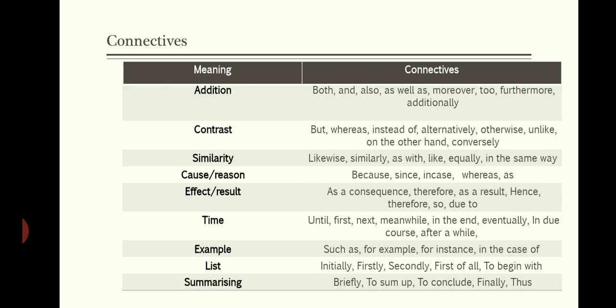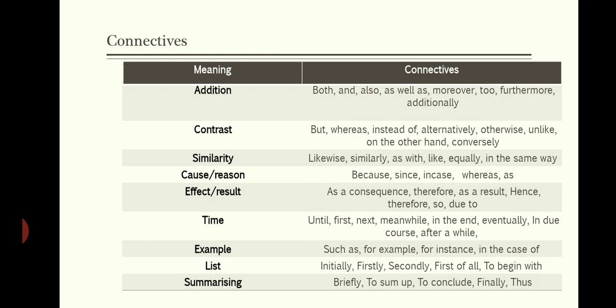Next section is to show similarity. To show similarity, we use certain connectives. That is likewise. Likewise means in the same way. Same is the meaning with similarly. As with also has the same meaning. An example, I'll give you an example. As with the calculations, this can be simple.